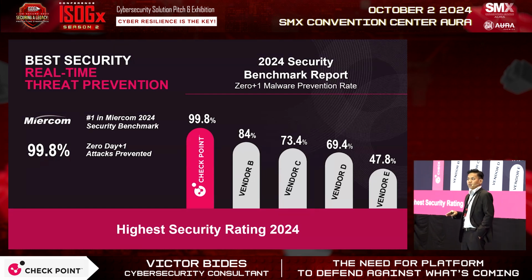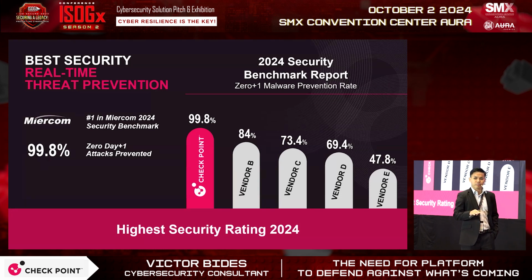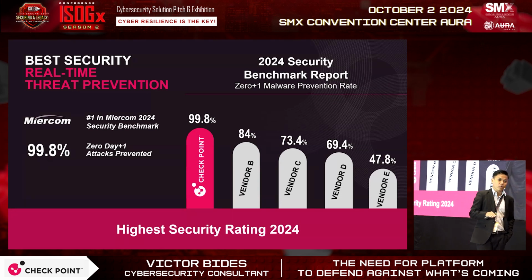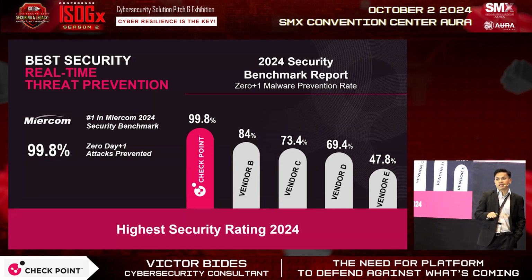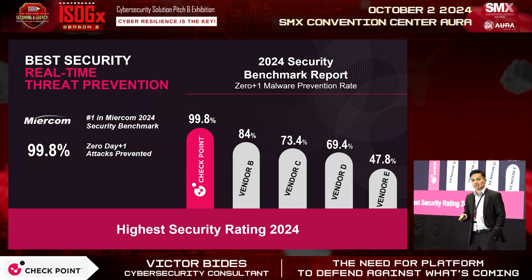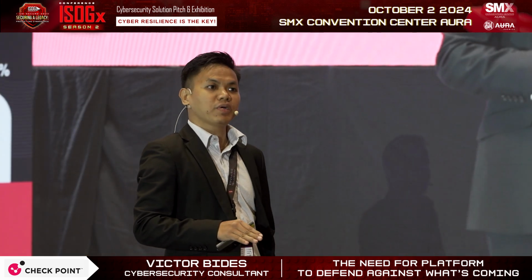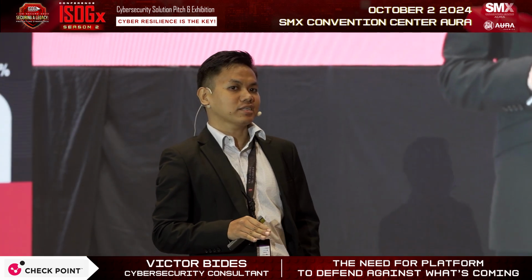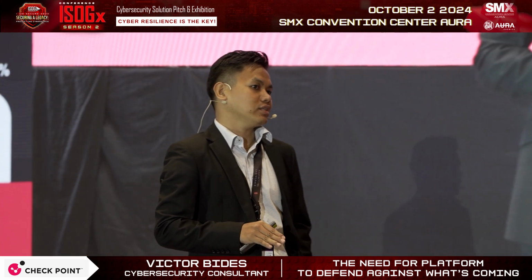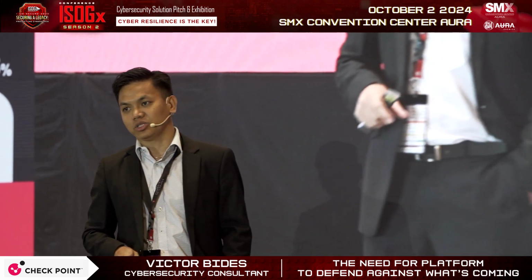And this 24 hours is the most critical time to prevent those attacks. The longer the malware is able to spread, the bigger the incident will be, or the damage that will be caused. So the platform must itself be tested by third-party certification labs that show the highest prevention rates.